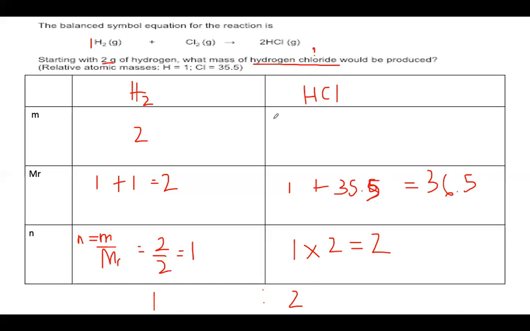And then our mass is equal to moles times MR. So that is equal to 2 times 36.5, and that will give us our answer of 73 grams. Okay, cool. So if you didn't get the right answer, go through my working. If you are still stuck, you can email me or you can email your teacher.